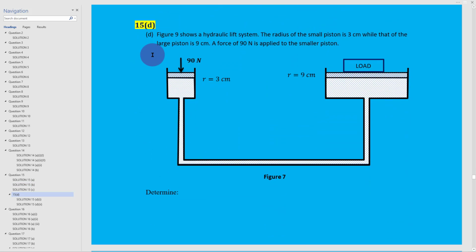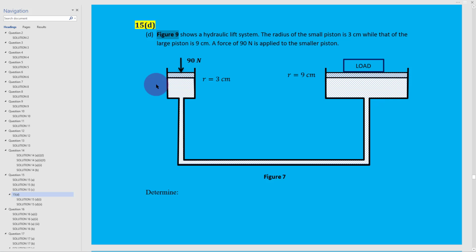We are told that in this question, figure 9 shows a hydraulic lift system. The radius of the small piston is 3 centimeters, while that of the large piston is 9 centimeters. A force of 90 newtons is applied to the smaller piston. Of course, this being a hydraulic system, we know that when this effort is applied to this piston, it produces pressure here, which is transmitted throughout this enclosed liquid, according to Pascal's principle.